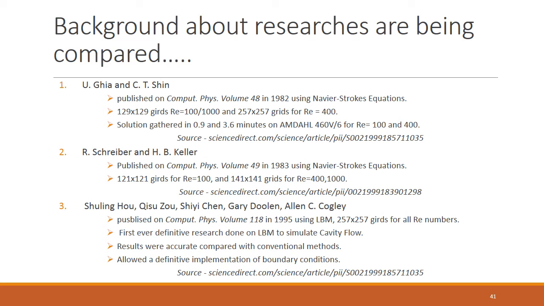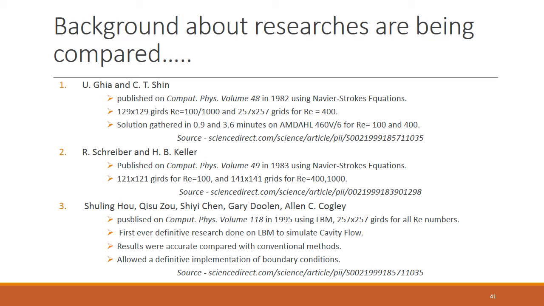They used the following grid size, and they got the solution in 0.9 minutes for when Re is equal to 100, which is pretty fast for 1982. The second researchers came the next year and supported the previous results, and everyone was happy and interested. Then the third one is one of the important ones. In 1985, they simulated the same results but using the Lattice Boltzmann method.